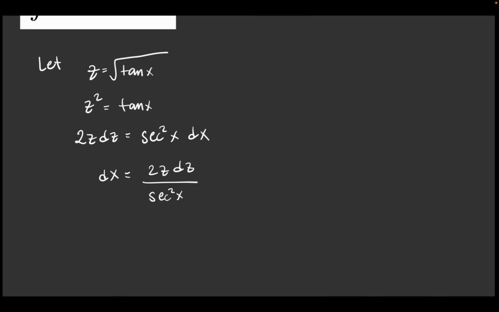And we know that from Pythagorean identities, this is just equal to 1 plus tangent squared of x. Okay? So that means dx is just 2z dz over 1 plus tangent squared of x.